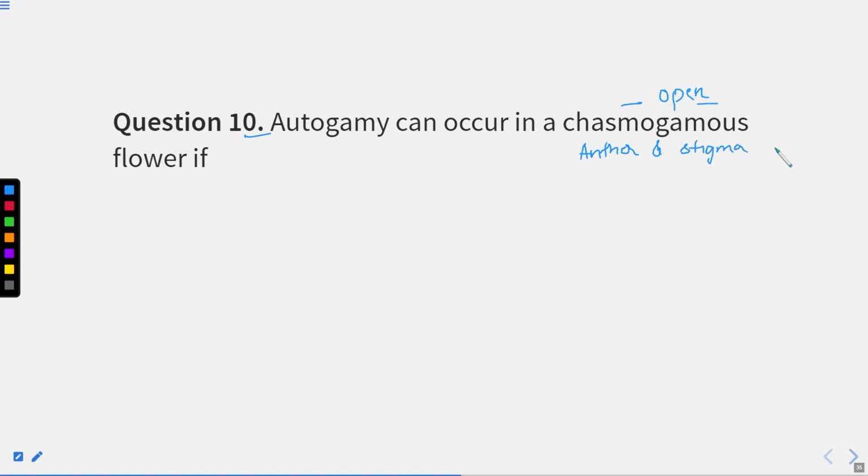And what is autogamy? Autogamy is a self-pollination event. In this, the pollen from the anther is transferred to the stigma of the same flower.